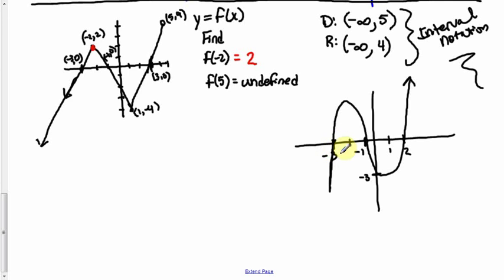I don't have graph paper, so they're not very pleasing to the eye. So they give me a graph and they say, approximate the x and the y intercepts.